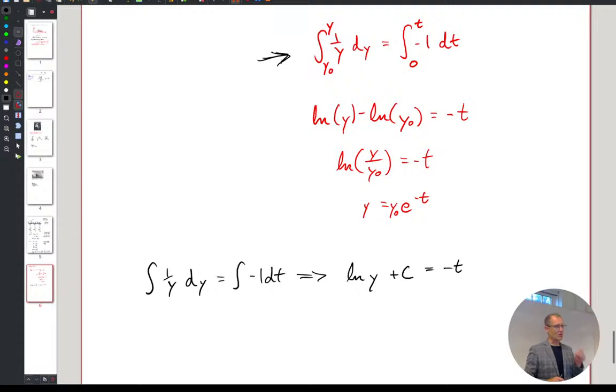Now I need to solve for c based on the initial condition that when t is 0, y is y0. So that's why I like to just plug it in directly, since I already know I want to go from 0 to t and y0 to y, or v0 to v.